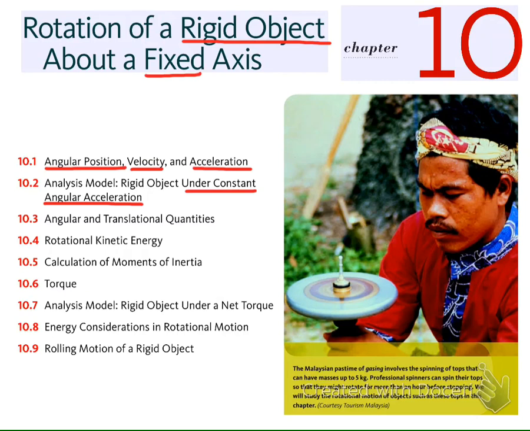We then discuss the relation between the angular and the translational quantities. You can see that when we talk about the rotation, and if we look at a point on the object, that point moves around the axis. So we can say that we have the motion of this point. And what is the relation between the angular and the translational quantities of that point?